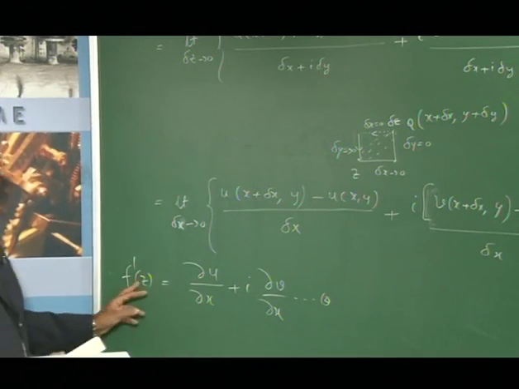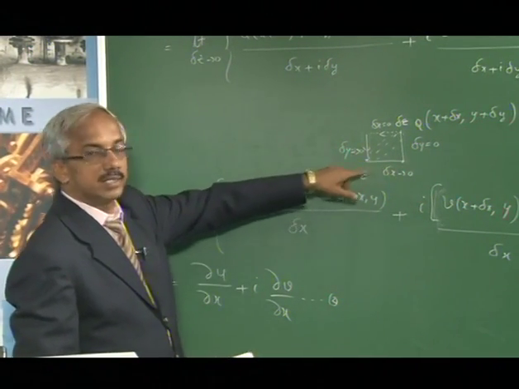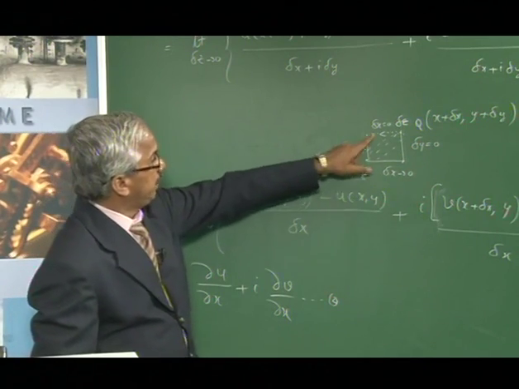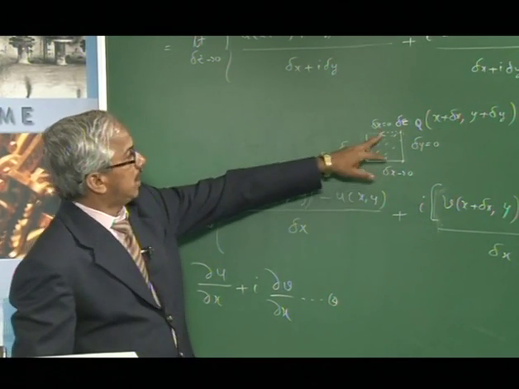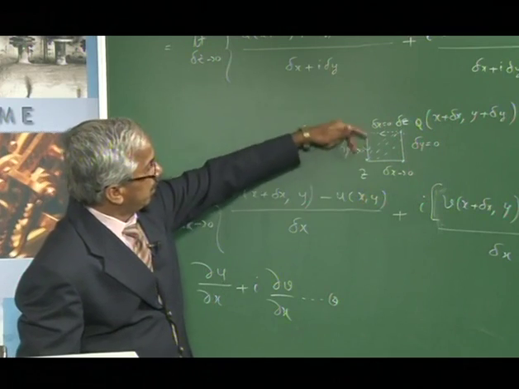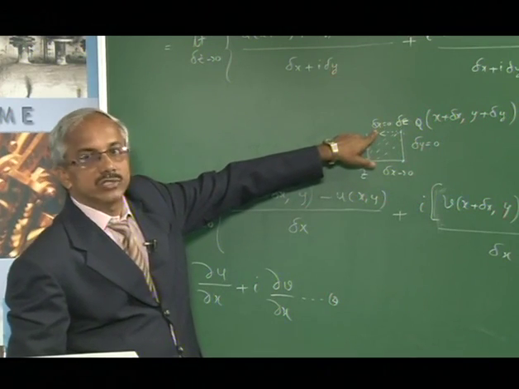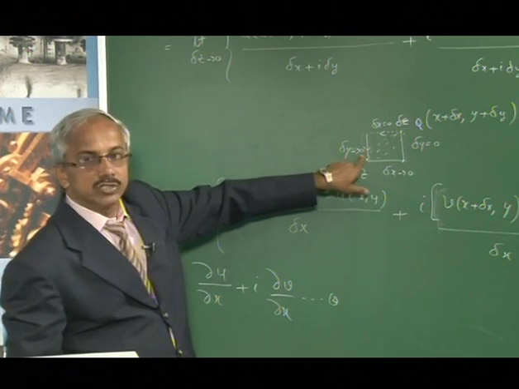Now, similarly, let us consider the limit Δz tends to 0 along the path parallel to the y-axis, for which Δx is equal to 0 and Δy tends to 0.